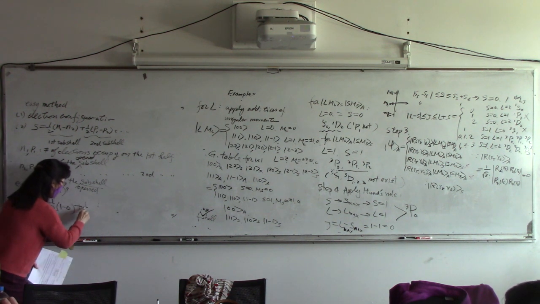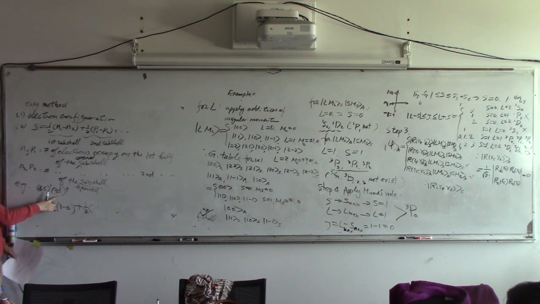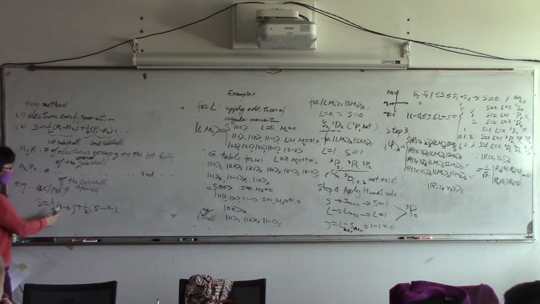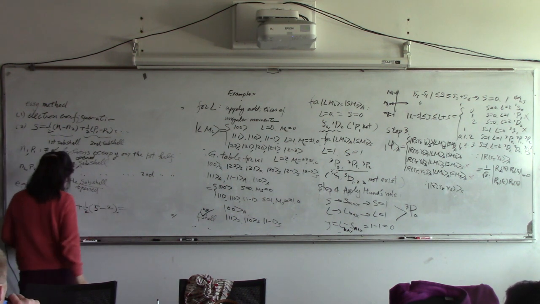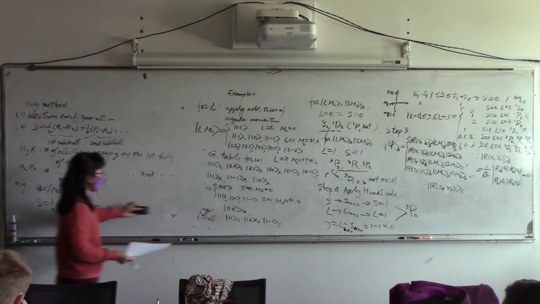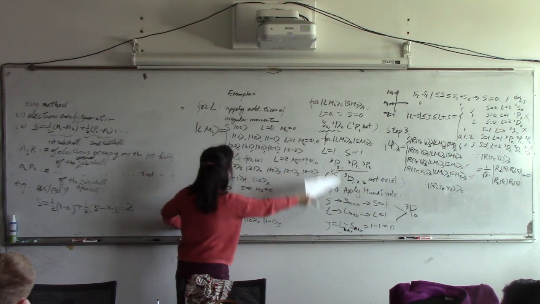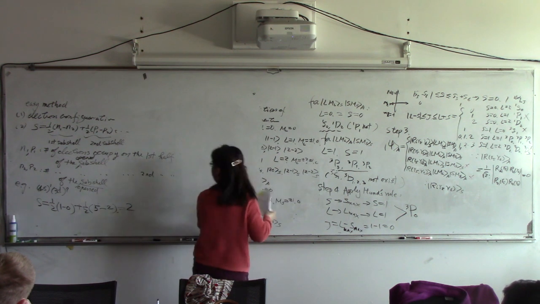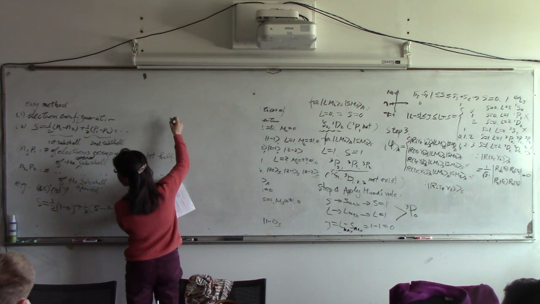Then plus half of the second term for 3d. The fully occupied shell is 10 electrons, half is 5, and we have more than half. So the first half is already occupied with 5, and the remaining 2 are on the second half. So P1 is 5 and P2 is 2. Very easily we can obtain the final S for this. Of course, this is all for the ground state. That is for S.